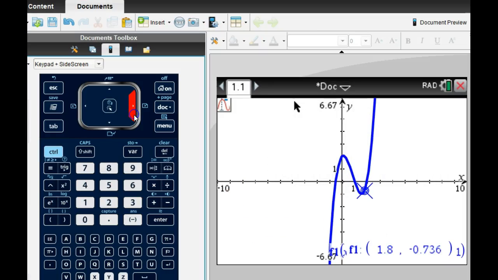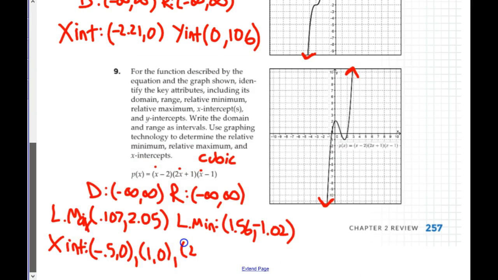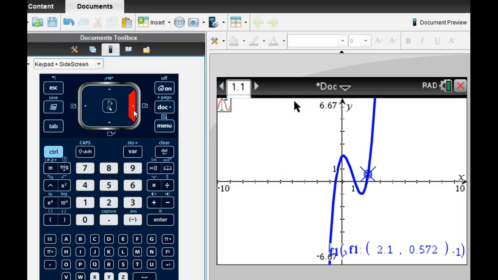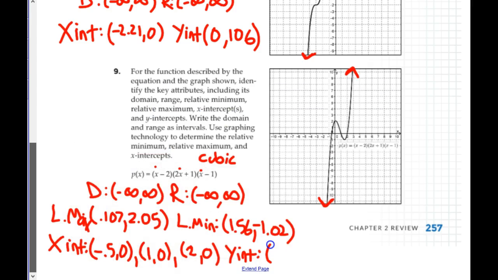And then the last one where it crosses, 2, 0. Okay, what about y-intercept? Let's go back, tell it the y-axis. 0, 2. Alright, we got the min, max, x and y-intercept.